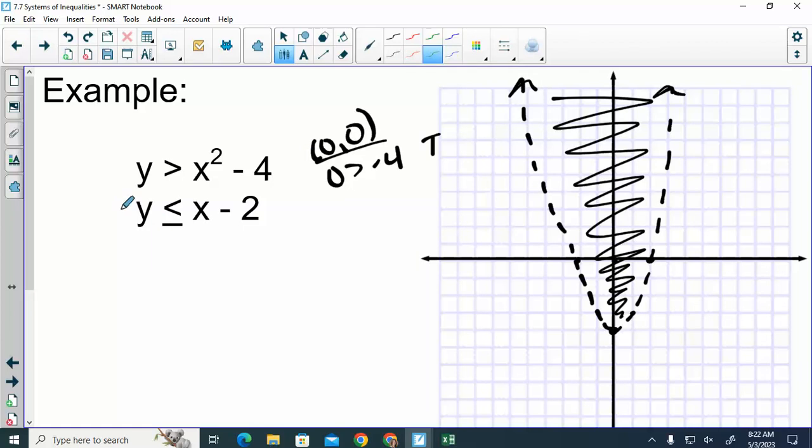All right, second one. How do we graph it? Negative 2 and then up on... Okay, and solid or dash?